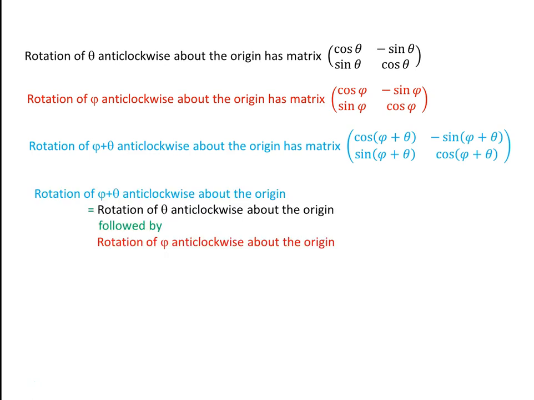But a rotation of phi plus theta anticlockwise about the origin is the same thing as doing a rotation of theta anticlockwise about the origin and following it by a rotation of phi anticlockwise about the origin.